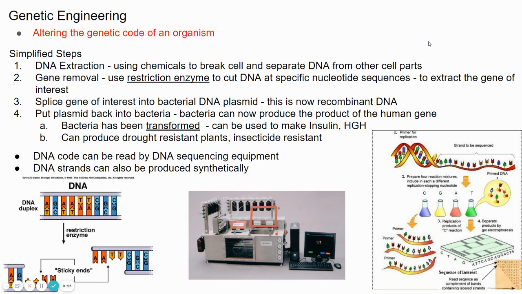As we've been talking about, our DNA basically tells our body how to work, what it looks like, how it functions. And so if we are able to alter the genes of an individual, we can maybe alter all of those things. So there's a few different ways this is done.